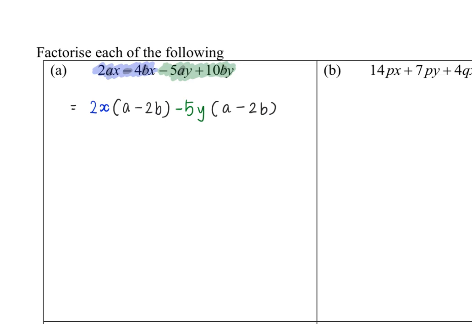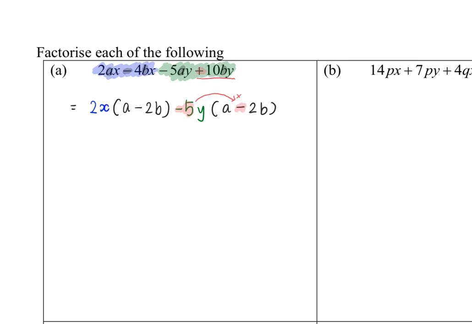Why then does Mr. Tan write a negative when there is a positive? Because we must always remember that if I take out negative 5y, and when I multiply them to expand, I should get back positive 10by. So negative times negative will give me back my positive.